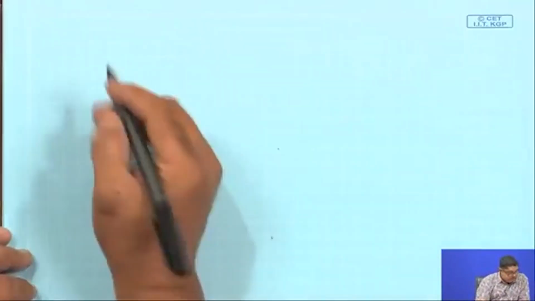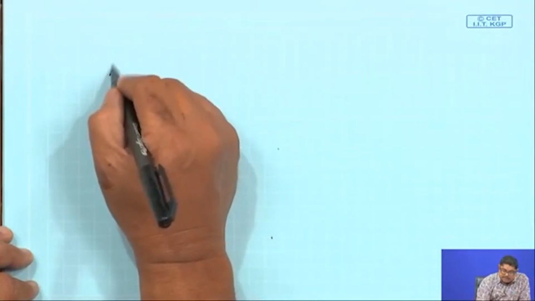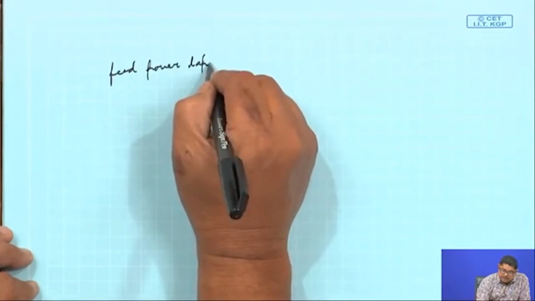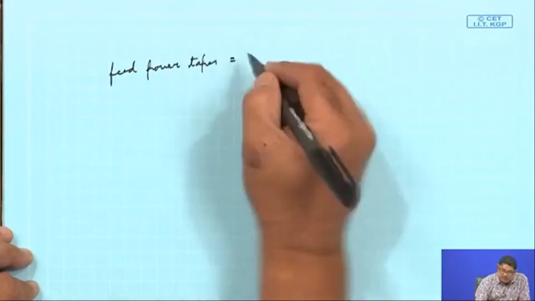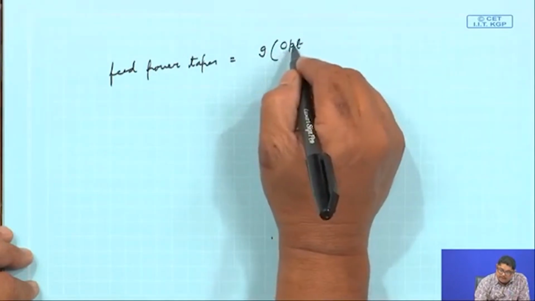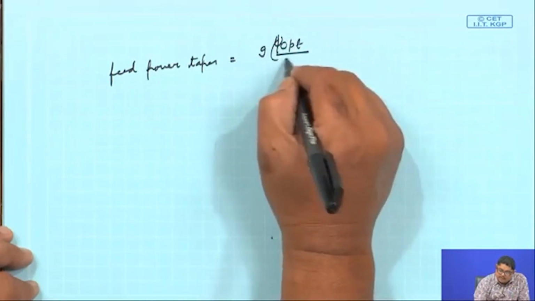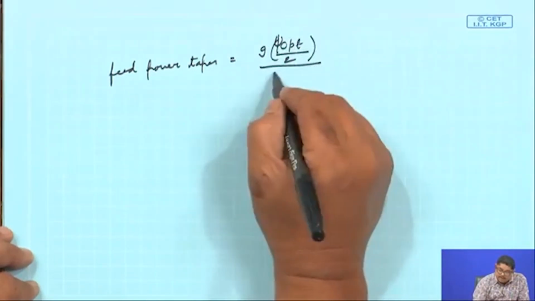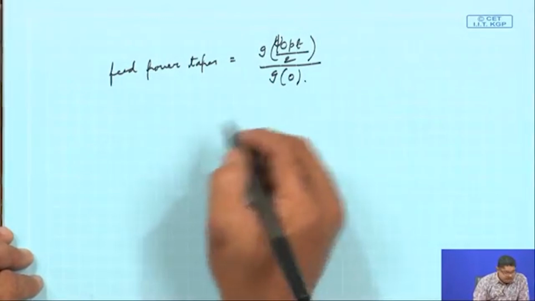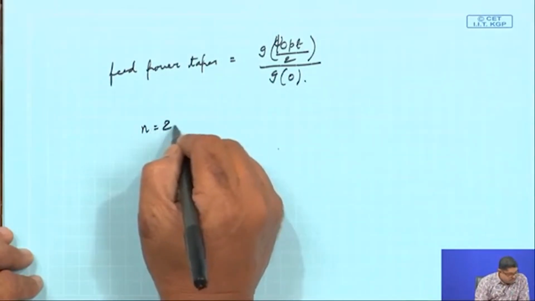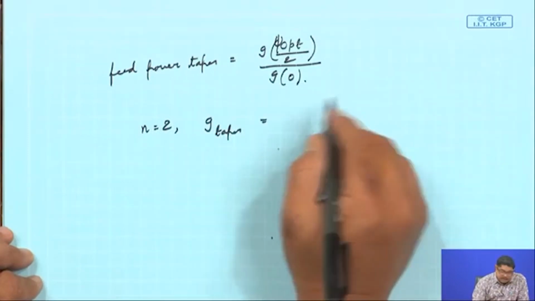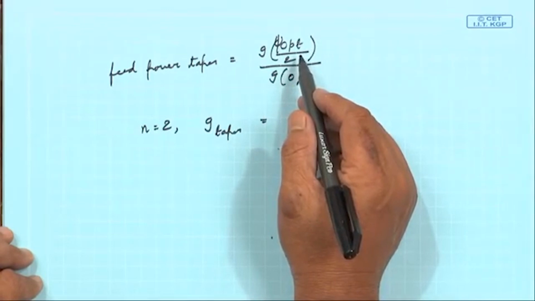Also, you can find the corresponding taper at the feed radiation pattern. So, feed power taper, because the designer of the feed needs this value, that will be given by G of psi by 2 by G0, and so for n is equal to 2, we can write G taper will be, so this value was 130 degrees.